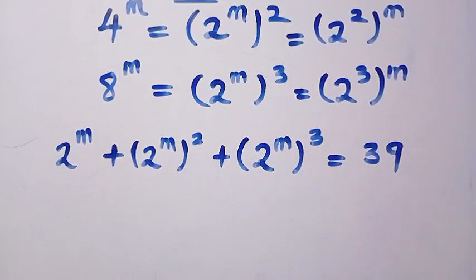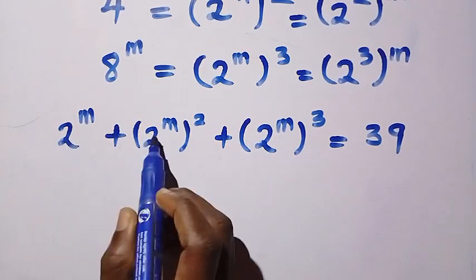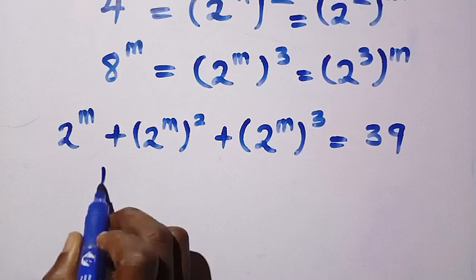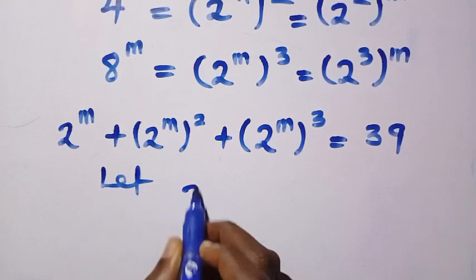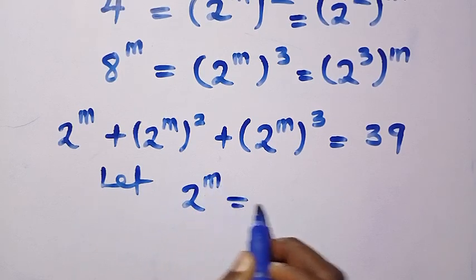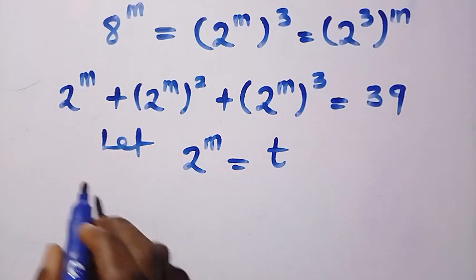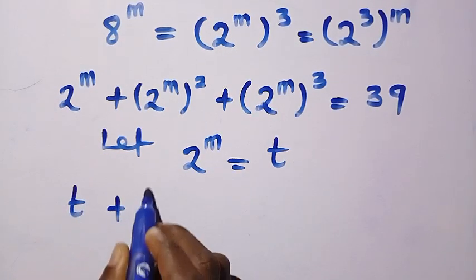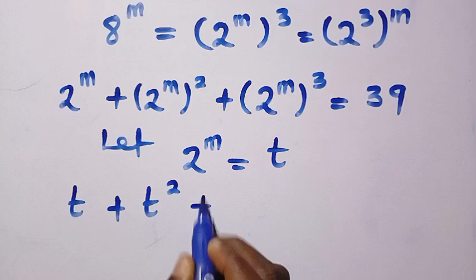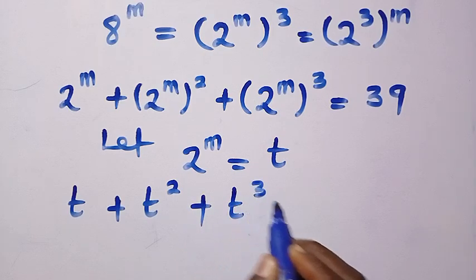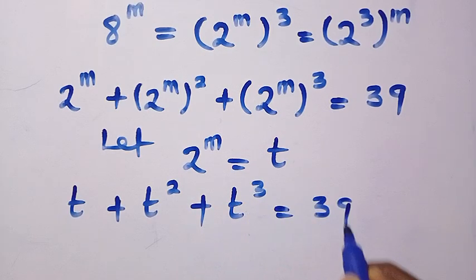Since we have 2 power of m here, here, and here, to make it easy, let 2 power of m equals t, and we have t plus t raised to power of 2 plus t raised to power 3 equals 39.